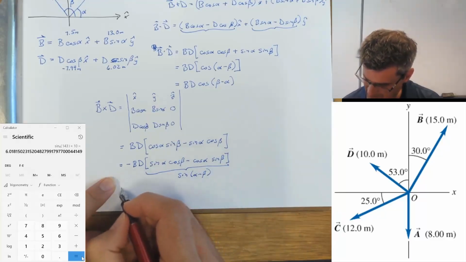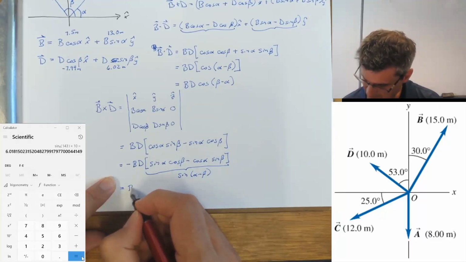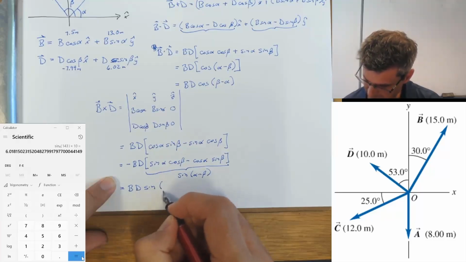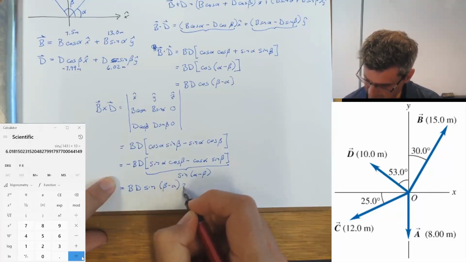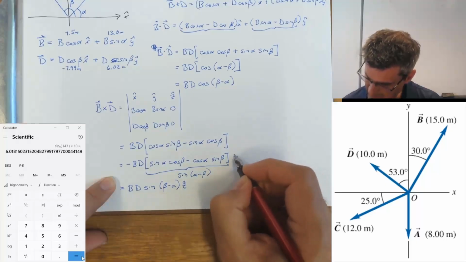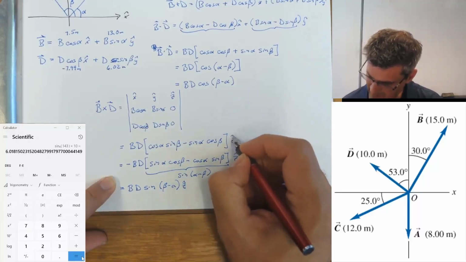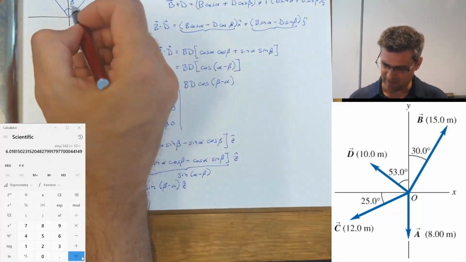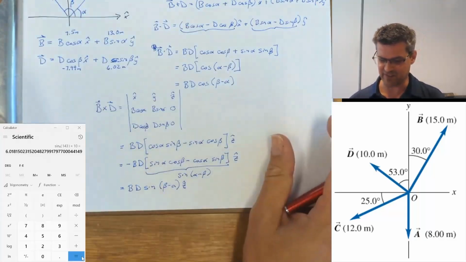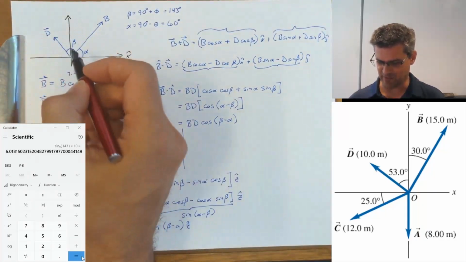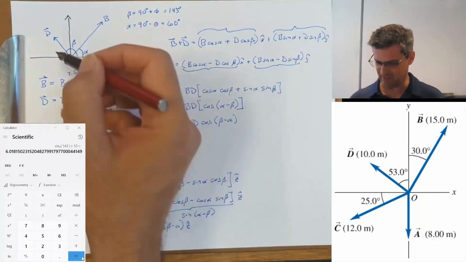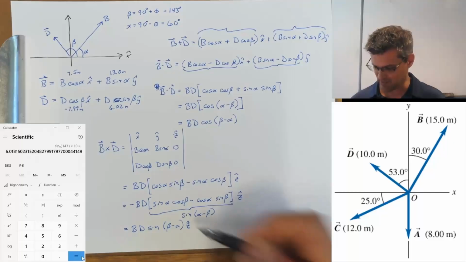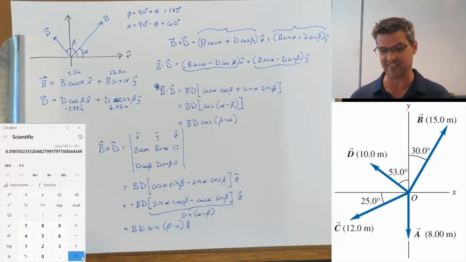And with that minus sign, it's in the Z direction. Beta minus alpha, the angle between the two vectors, just like it was before. Sine of the angle between those two vectors, B and D. They're the same length as they were before. It's still pointing in the Z direction. This is exactly the same thing.